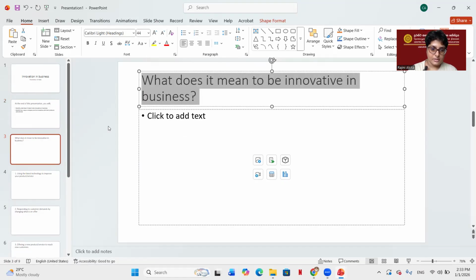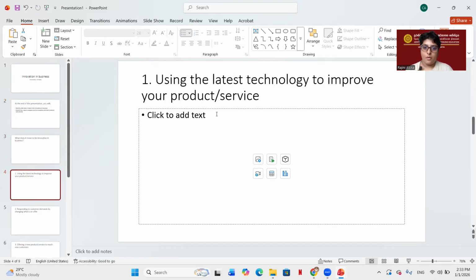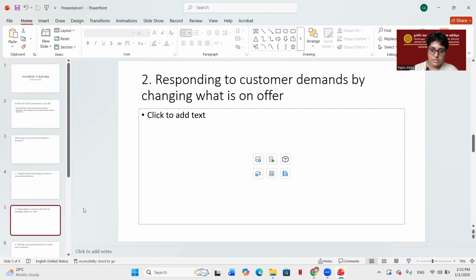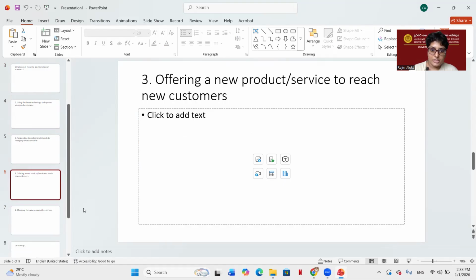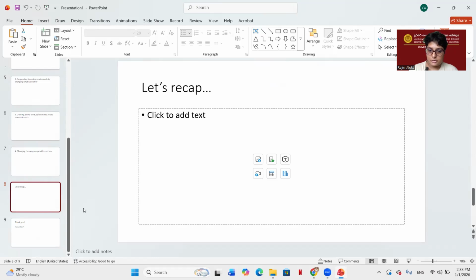And then we talk about these 4 points. This is our body: using the latest technology to improve your product or service, responding to customer demands by changing what is on offer, offering a new product or service to reach new customers, changing the way you provide a service. And then the conclusion. And thank you. Any questions?